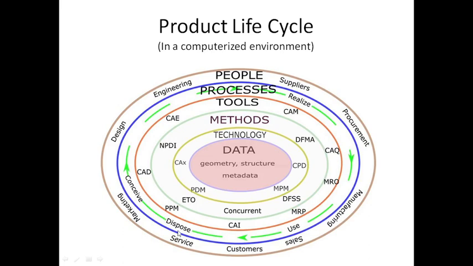And there are different functional departments or people who are making this happen, starting from design people, engineering people, department people, then suppliers, procurement. I'll just give you one example of this product lifecycle management.